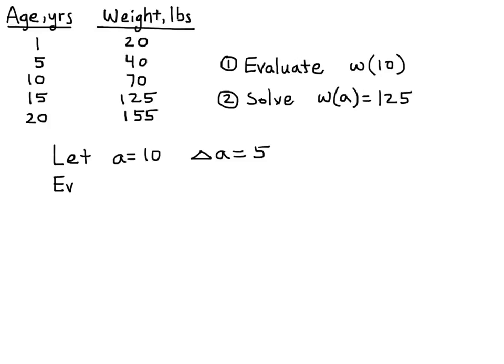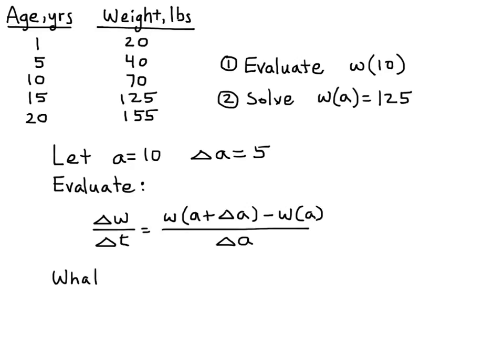Okay, so let's talk about some new symbols here. I'm going to say A is 10, and delta A, which means the difference in A, is 5. If I say delta W over delta A, what I'm going to define that to be is the weight at an age plus delta A, minus the weight at that age, over the difference in age. So what does this mean now?